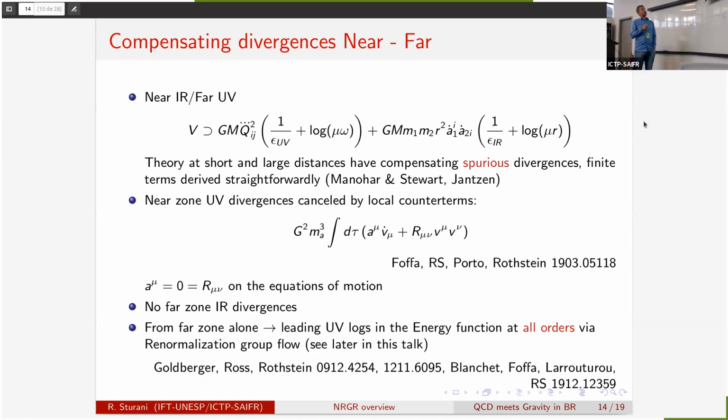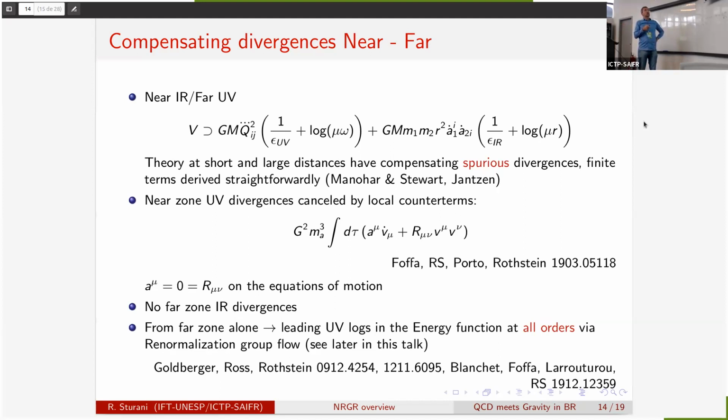So this happens for the short distance singularities of the far zone. The far zone cannot have any long distance singularity because the far zone is already a long distance theory. If it fails at long distance, it means that it doesn't apply to physics. It means that we didn't understand. On the other hand, the near zone can fail at long distance because we are failing to include the radiative degrees of freedom.